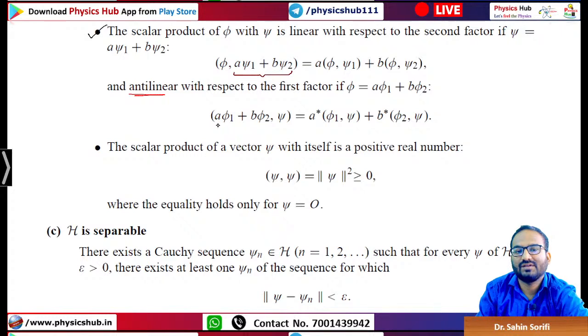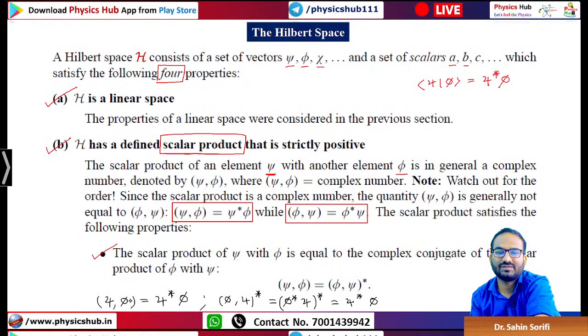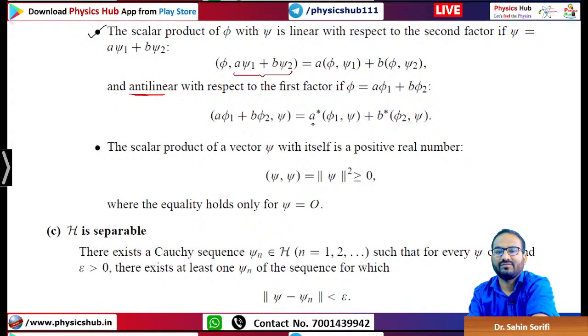So you can see ⟨a phi1 plus b phi2|psi⟩. Here it was purely a and b, but here it is a star ⟨phi1|psi⟩ plus b star ⟨phi2|psi⟩, because this is at the first position, and actually it follows from the definition of the scalar product. So when it is coming out of this product, it will come out as star. So that is why we have a star here, b star here.